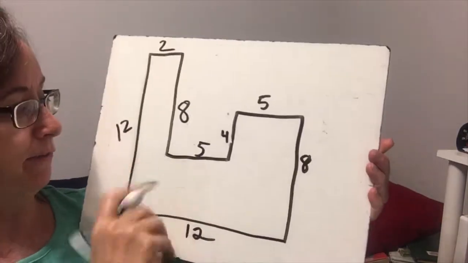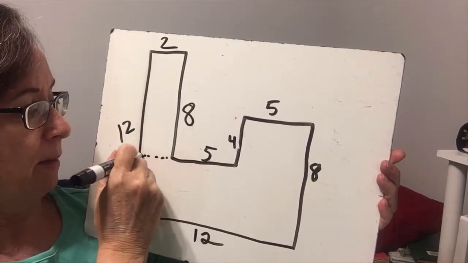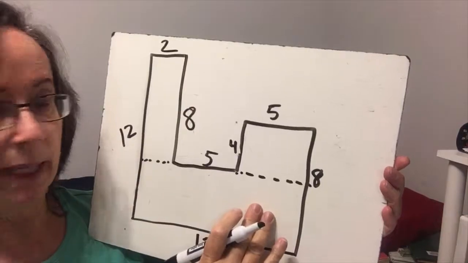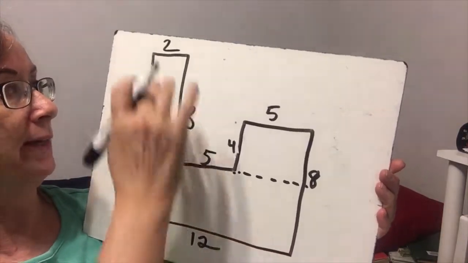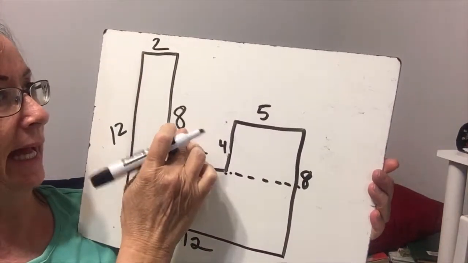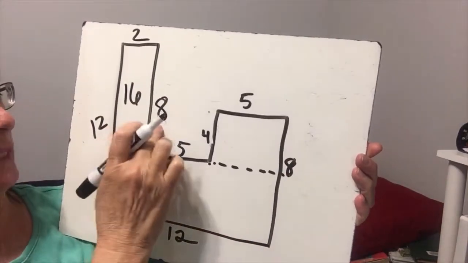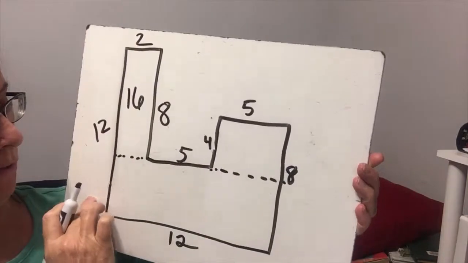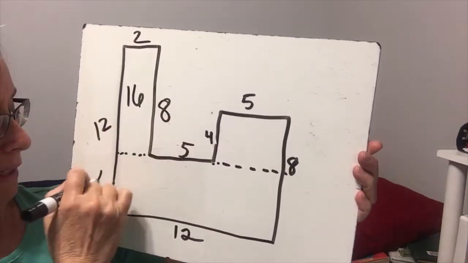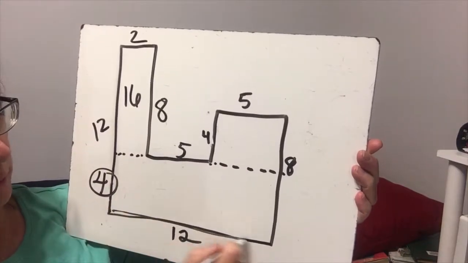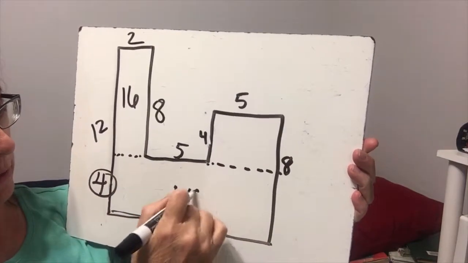So why don't we do it the first time by cutting there and there, making this one big rectangle. So on this side, we've got 2 times 8, which is 16. And then let's see what the figures, if that's 8 and this whole thing is 12, then 12 take away 8 is 4, isn't it? So this little part down here is 4 times 12 is 48.